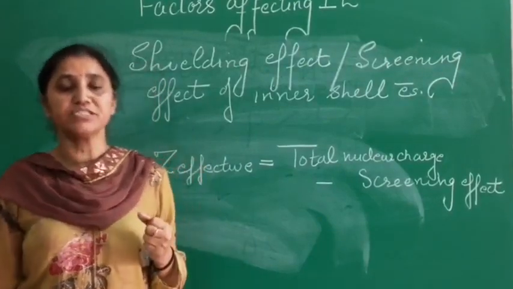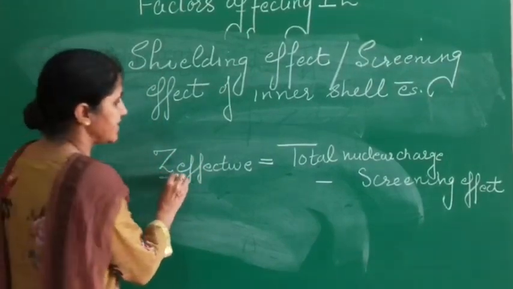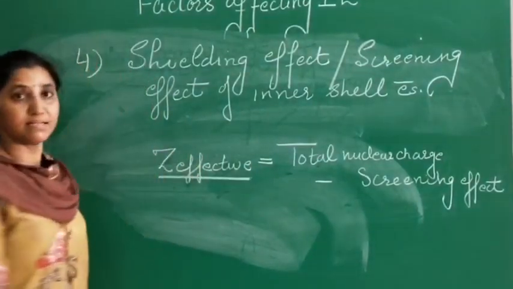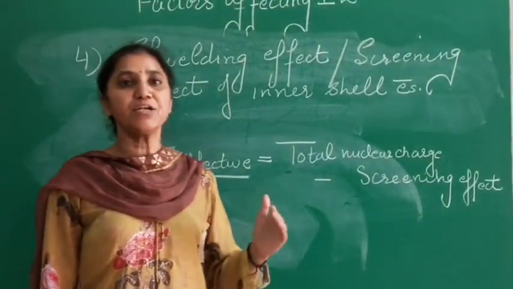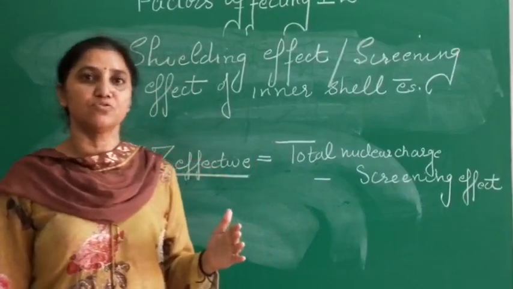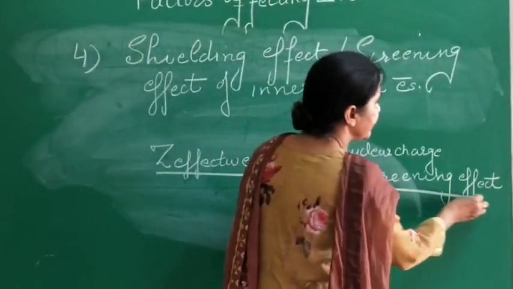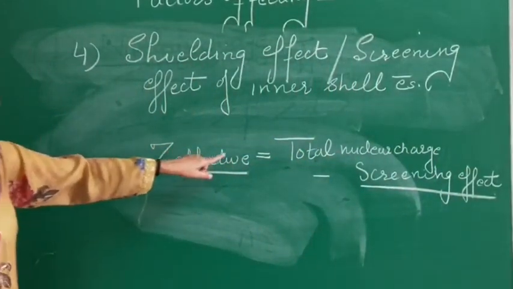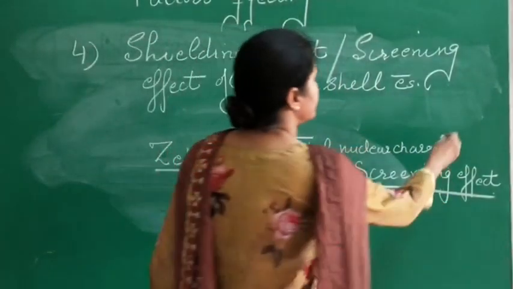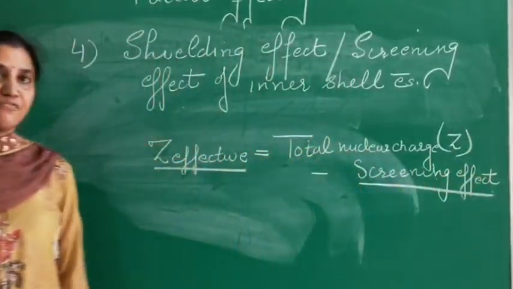The actual charge felt by the valence electron is known as effective nuclear charge, and the repulsive force felt by the outermost electrons from the inner electrons is known as screening effect. So we have Z effective equal to total nuclear charge minus screening effect or shielding effect.